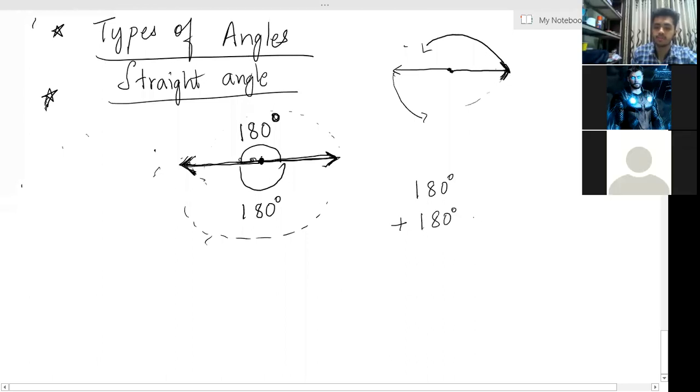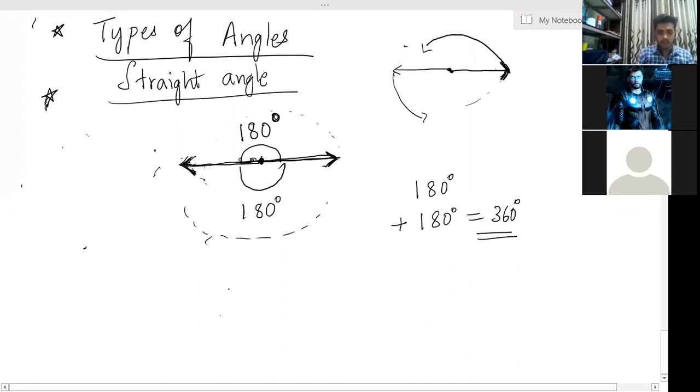Sir, 360 degrees. Sir, complete angle. Yes, this is called a complete angle, where the ray has come back to its original position. That is 360 degrees. Remember that when it comes back to its original position, it's 360 degrees.